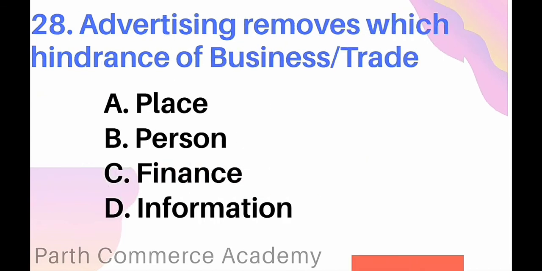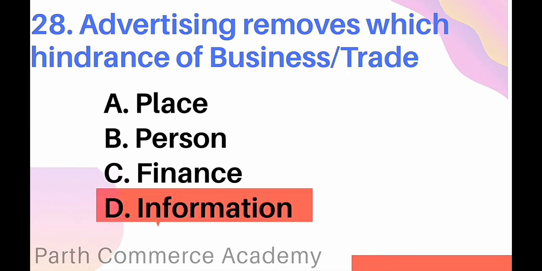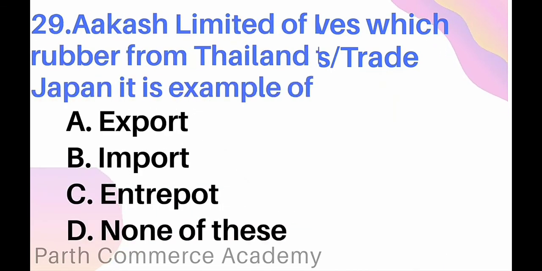Next is, advertising removes which hindrance of business? Place, person, finance, and information. So we know here that advertising is giving information about goods and services. So the correct answer is option D, information.